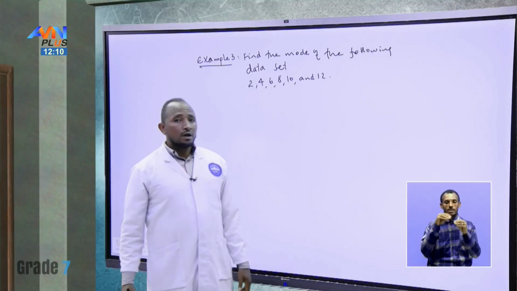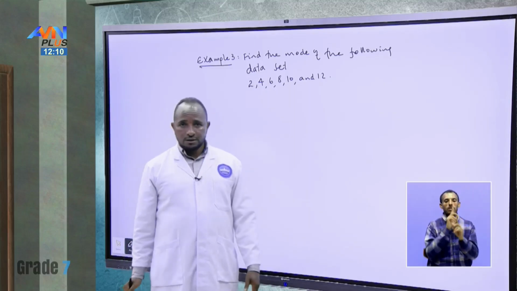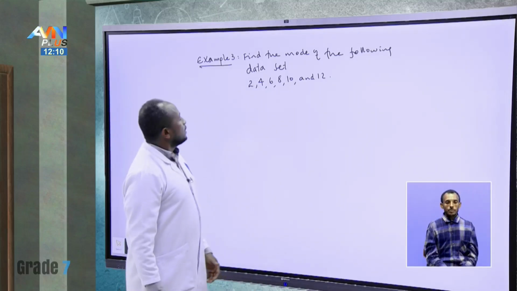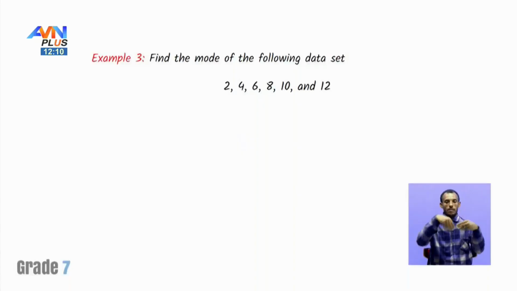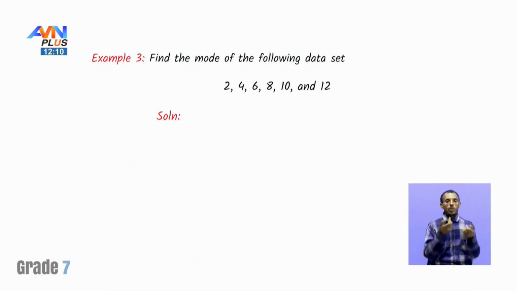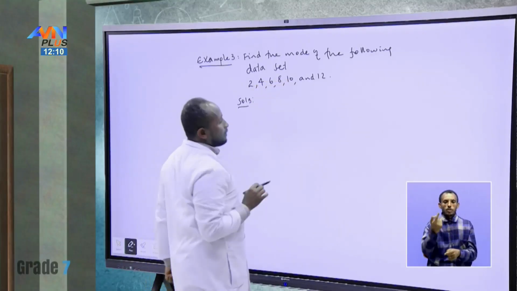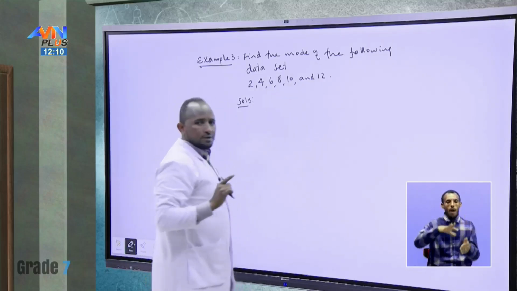Students, have you tried the question? Good. Now let's see the answer together. Here, this data set is given. When we see each of these data values, all appear once.